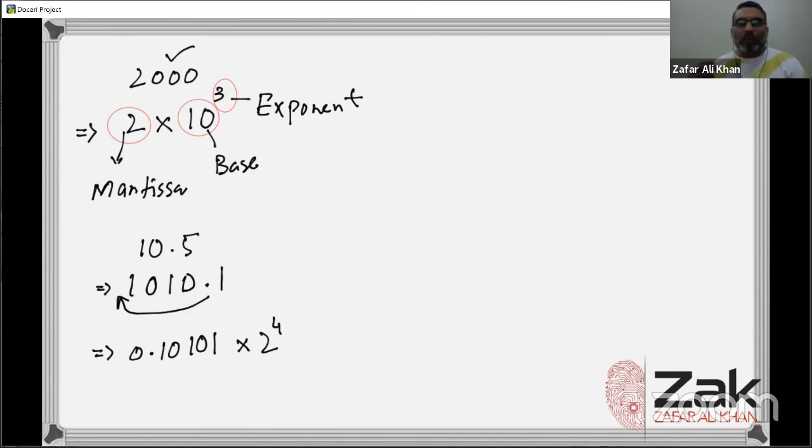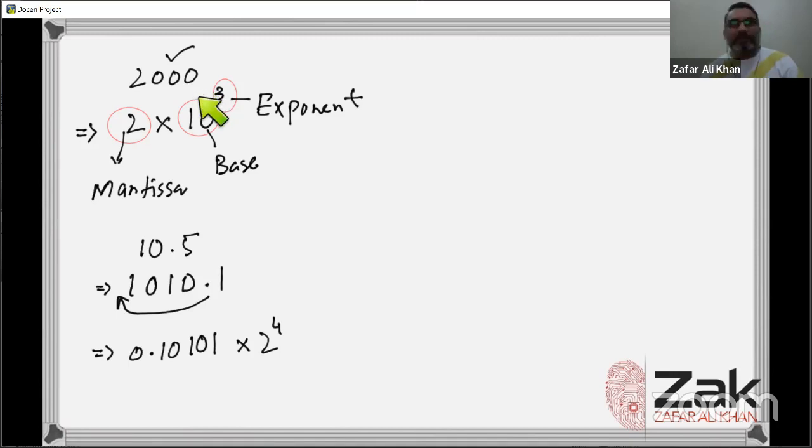What is actually happening in this form? This is actually in binary, let's call it binary standard form. Now this exponent tells how many times you have to move the point. If the exponent is positive, then towards the right, and if the exponent is negative, towards the left, to get the actual number back.